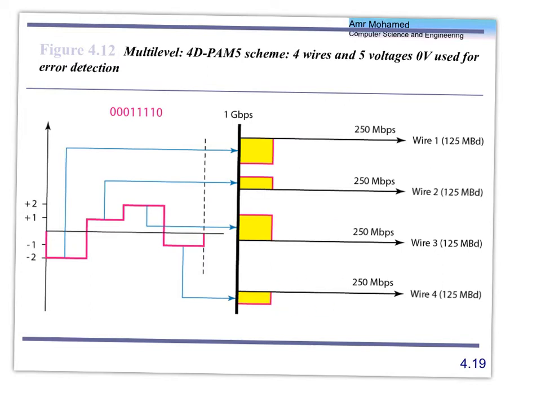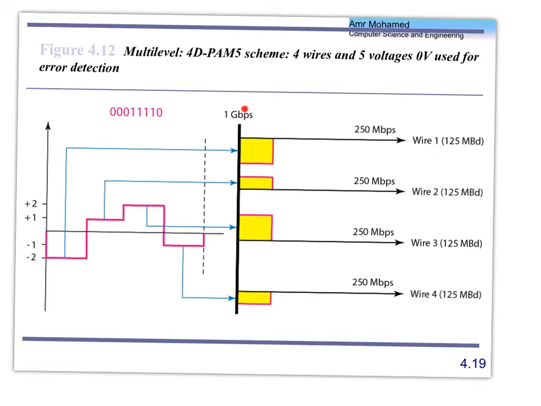That's why, remember for Ethernet, we have 8 parallel wires. 4 of them are used for control, and the other 4 are used for separate streams. Each of these streams carries one signal element, and collectively they represent 8 bits.